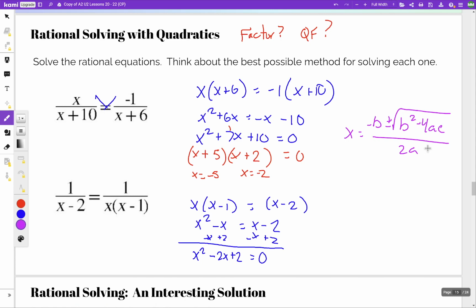Okay, so let's do it out, right? B is -2, so we get 2 plus or minus square root of b squared, so that's 4, minus 4 times 1 times 2.